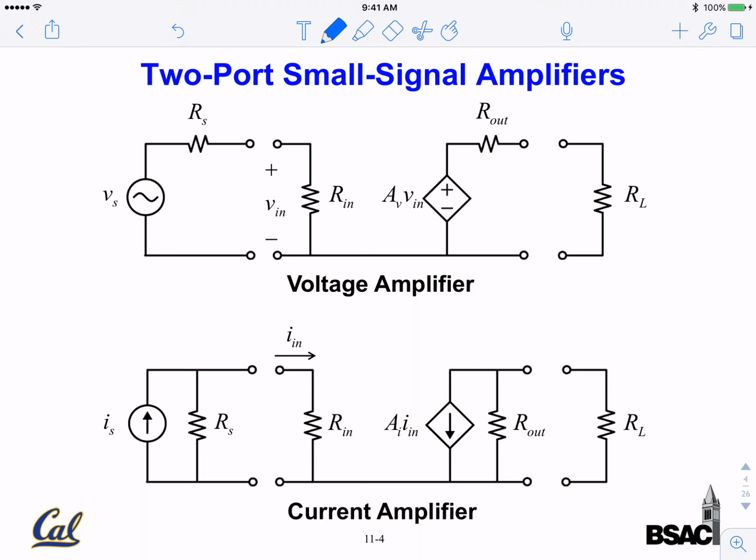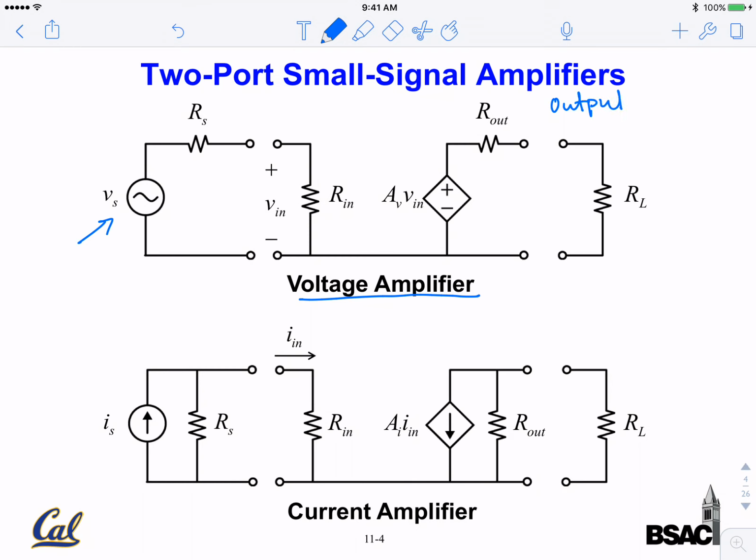That two-port circuit, we can break down into 4 different combinations. Voltage in, voltage out is simply a voltage amplifier. It's a voltage in, and not shown here, but it's producing primarily output voltage.